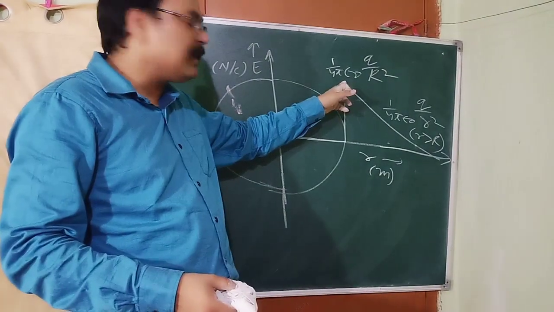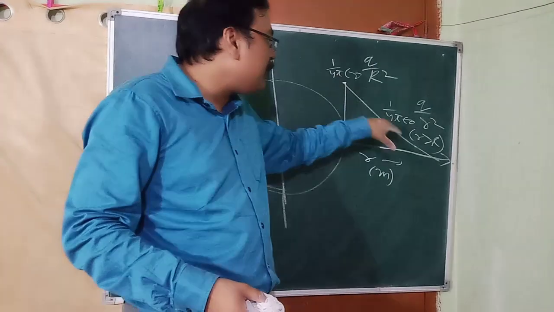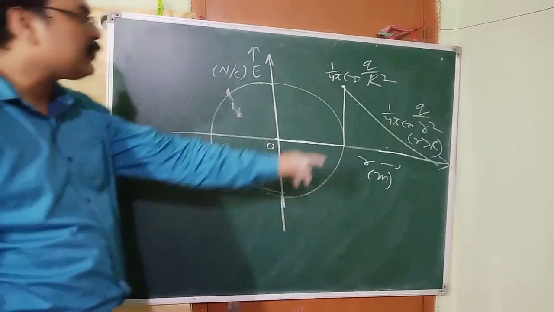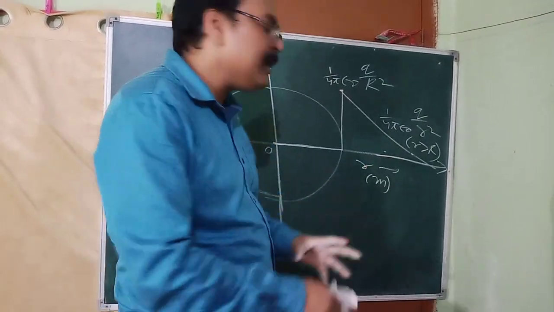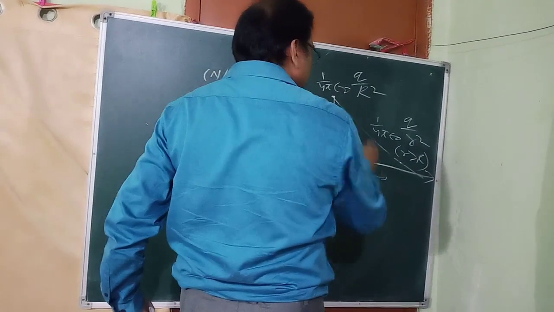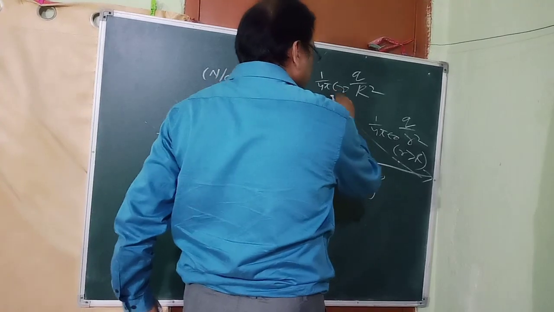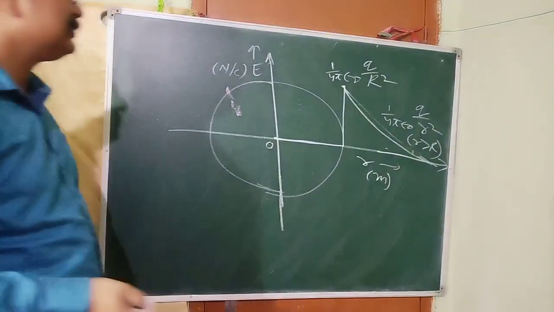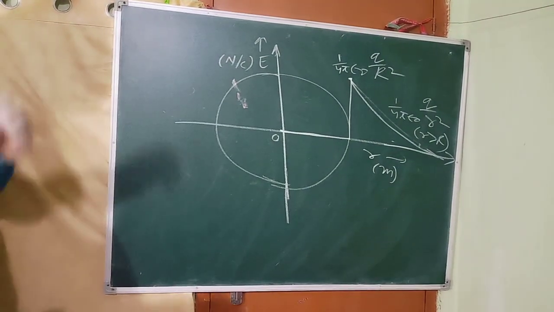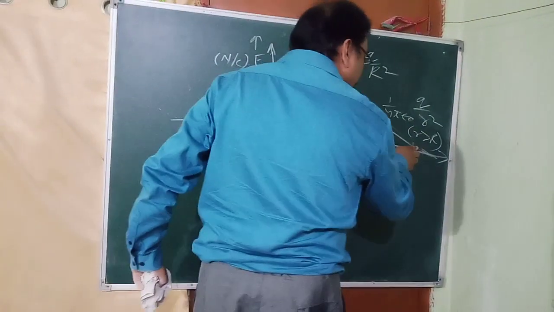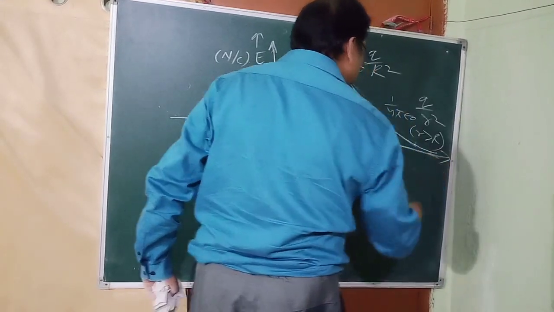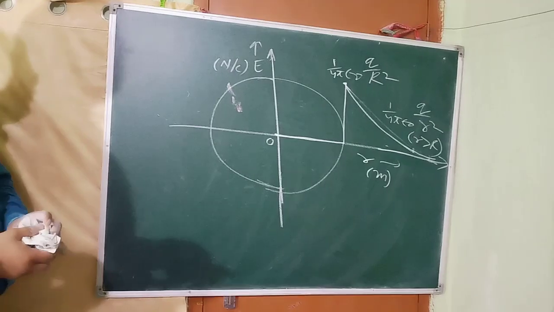At the surface we get the maximum value, and then as we move away from it, it decreases because r is greater than capital R and its square is there. So it will not be a straight line. It will be a curved line, decreasing like this. Obviously it is not going to meet the axis here because it will become 0 only at infinity.